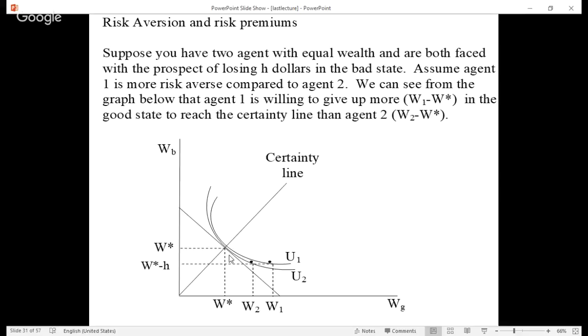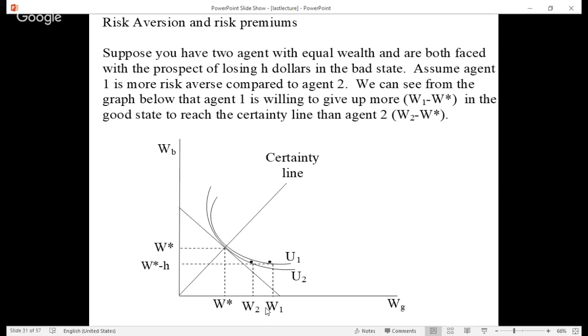Perfect. But in this case, I have two different consumers with slightly different utility curves. I can see here that agent 1, U1, is more risk averse than agent 2. Agent 1 is willing to pay more of an insurance premium than agent 2 in this case.